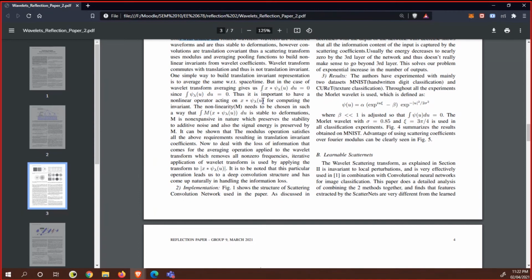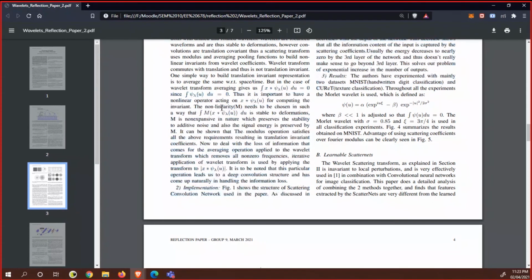By averaging, we are creating an invariant from a quantity which we know is not invariant to translations. But it turns out that just integrating the wavelet convolution gives us zero.